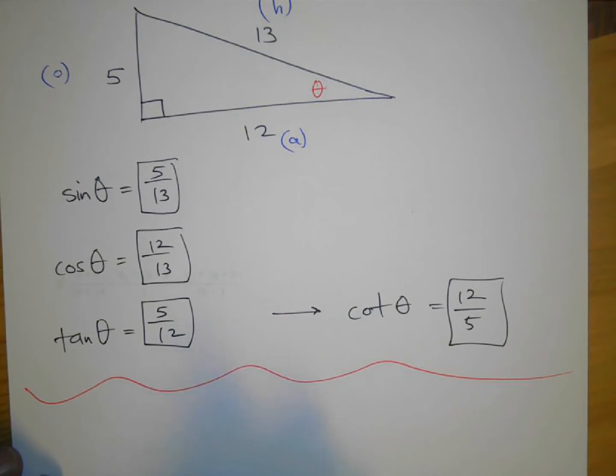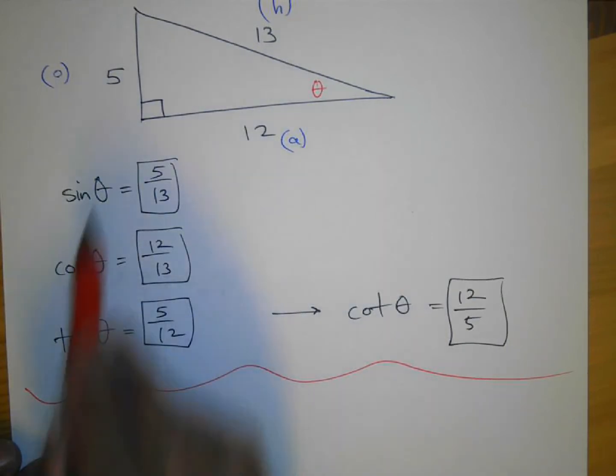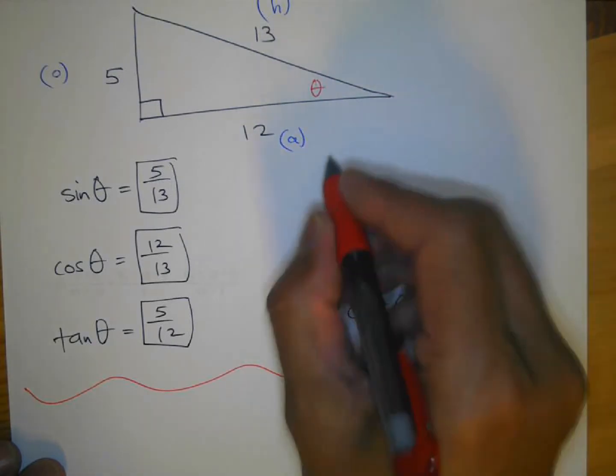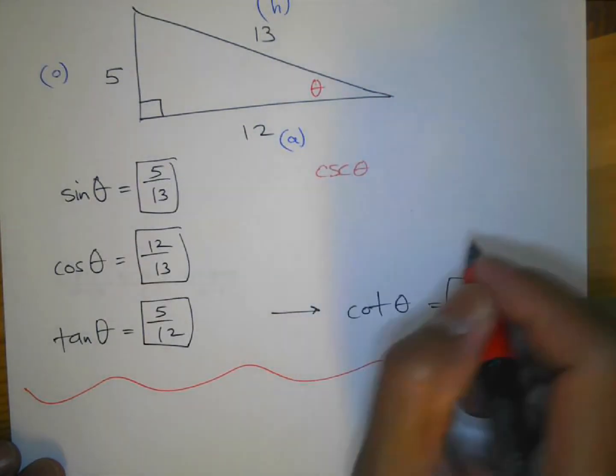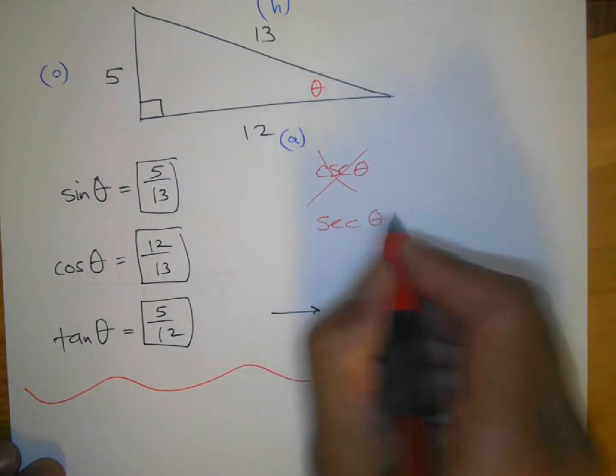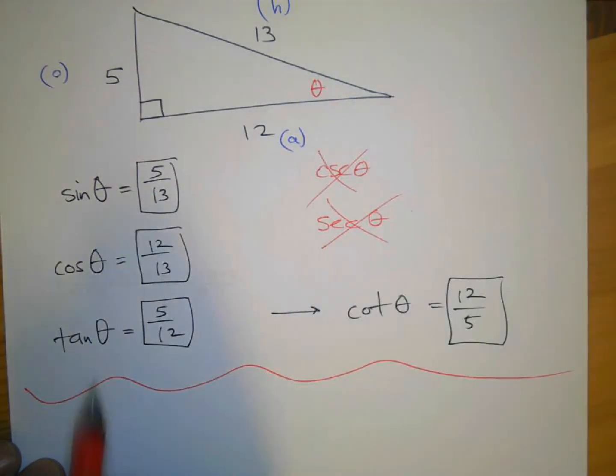As a matter of fact, you're going to realize that from now on, you're really only going to work with sine and cosine. You're not going to need cosecant. You're not going to need secant. And you're really not going to need tangent, not like this, not the way you know TOA.